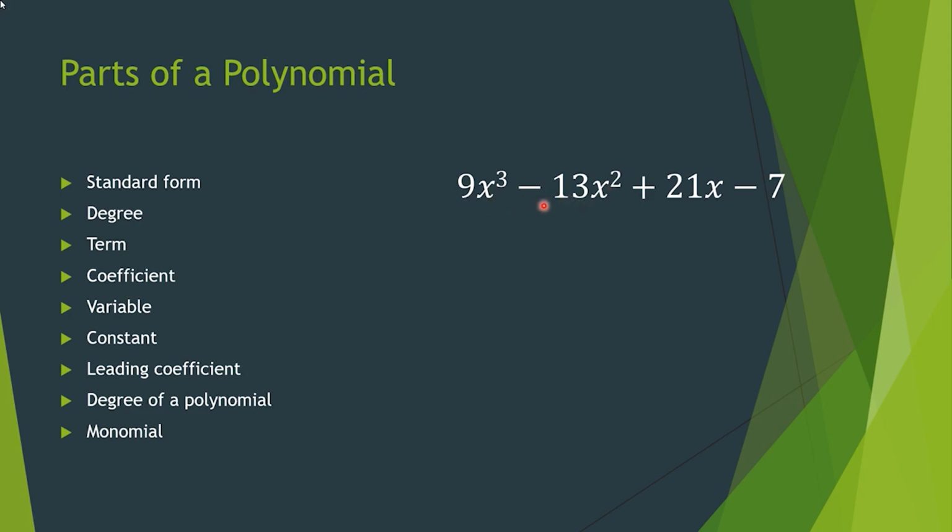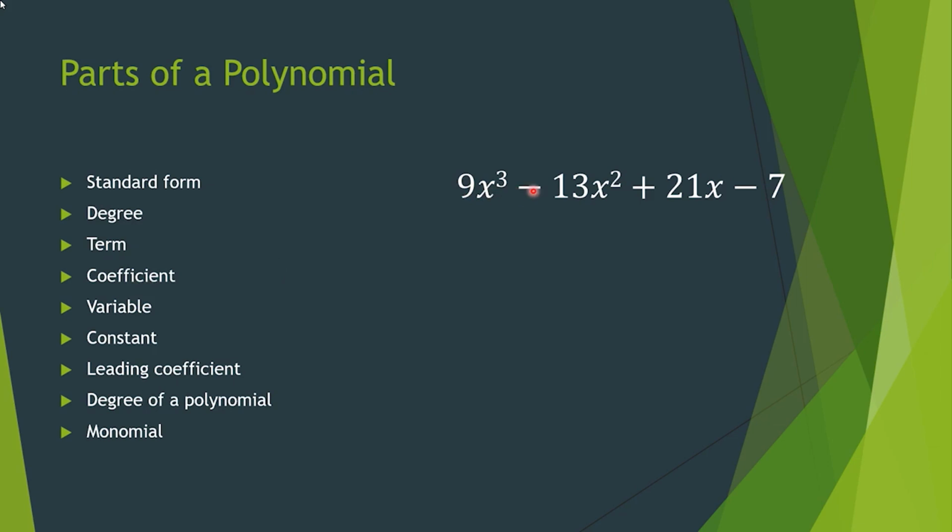For negative 13x squared, the degree would be 2, then 1, and if it's just a number like this, the degree would be 0, because x to the 0 is equal to 1. Now each of these would be considered terms, and include the sign as well. So this would be 9x cubed, negative 13x squared, 21x, and negative 7.